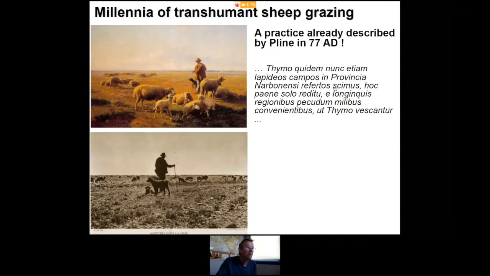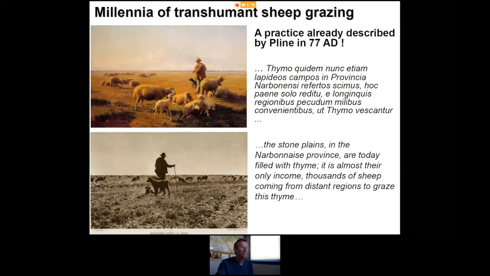I'm always very proud to put some Latin in an English presentation, but of course I can't help you with the translation. You can see that even during the Roman period, in the 1st century, this plain is described as an area of grazing, and the presence of thyme in this area is already mentioned. So it has been open for around 2,000 years.